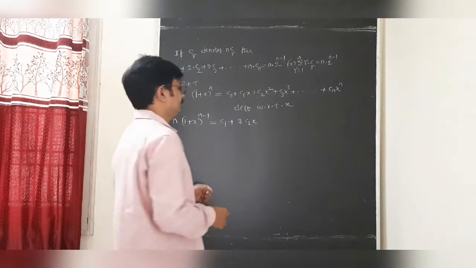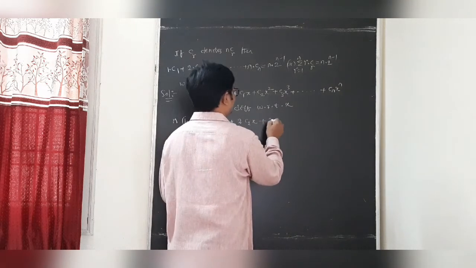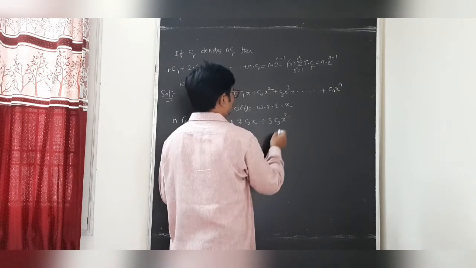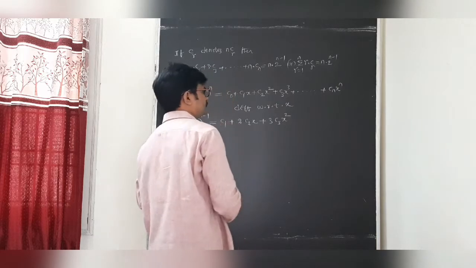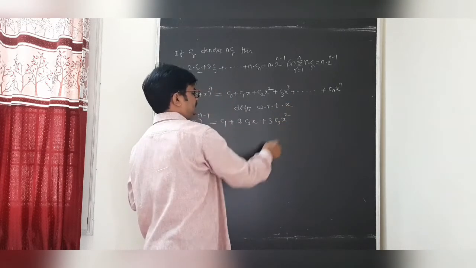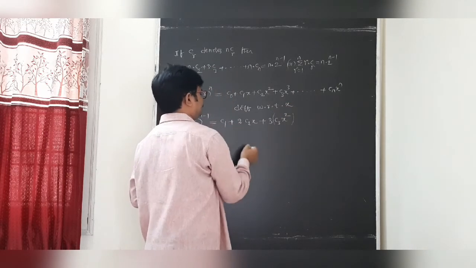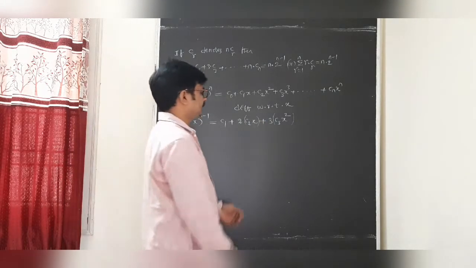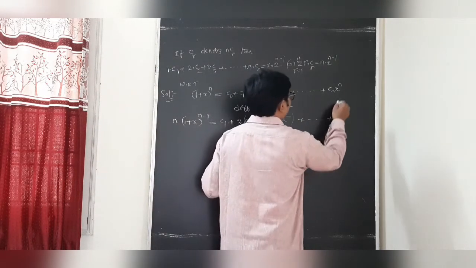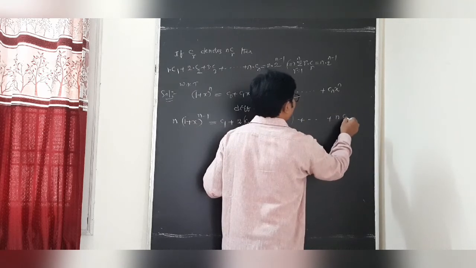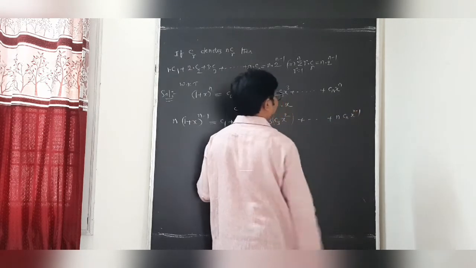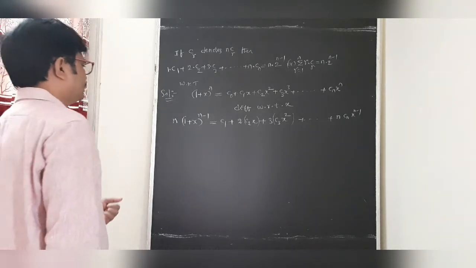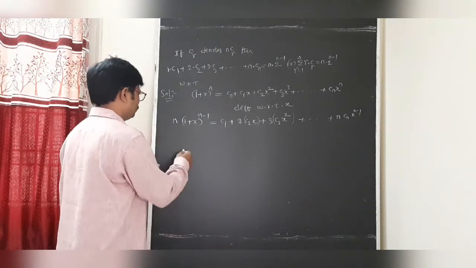After that, the derivative of x cube is 3x square, so 3C3x square. After then, the derivative of x power n is n into x power n minus 1. Okay students, now we are substituting x equal to 1 on both sides.